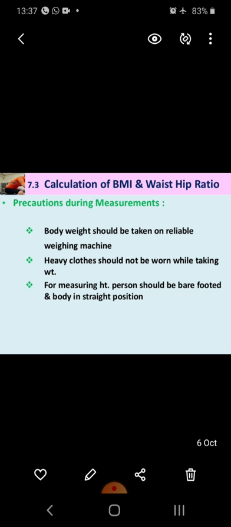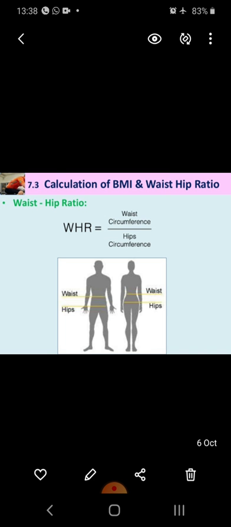You should wear light clothes, because that weight is particularly your body weight. For measuring height, the person should be barefooted and the body in a straight position. When you take somebody's height, that person will not wear shoes, and the body should be erect, straight. These are the points to take care of while calculating BMI.